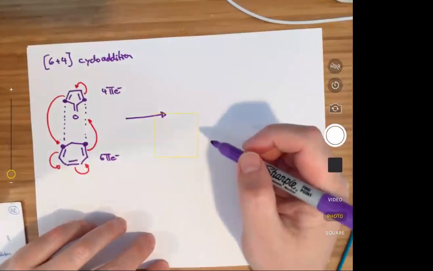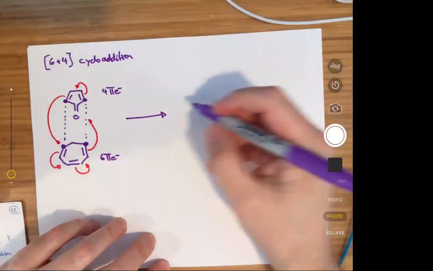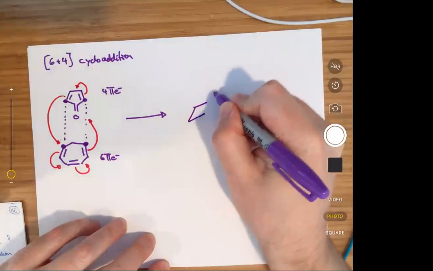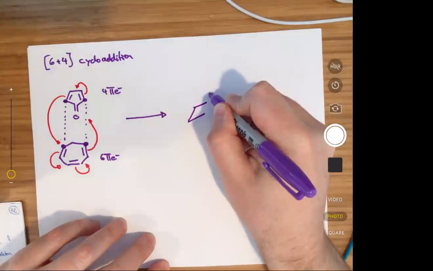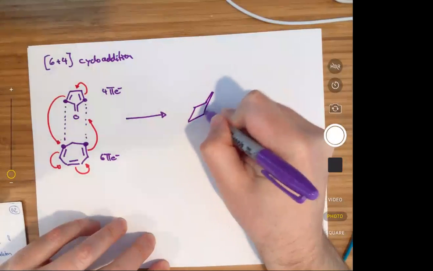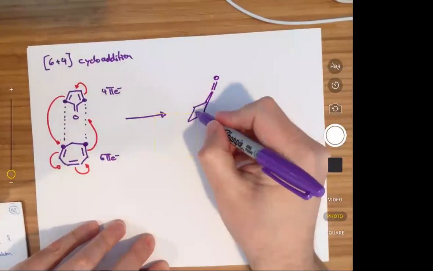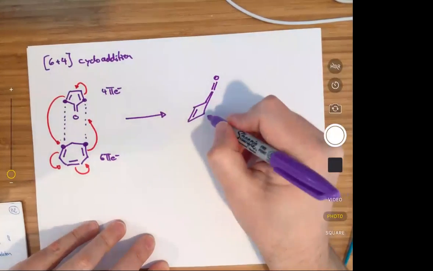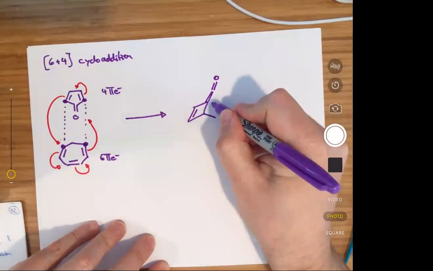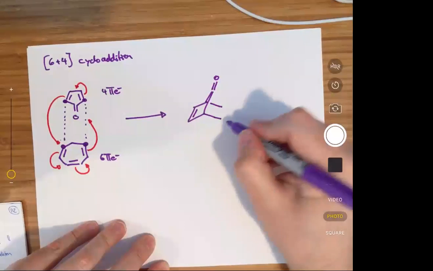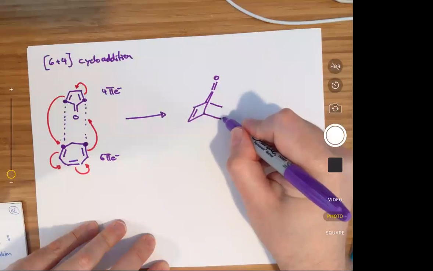So it's a tricyclic system in this case, where, let me see if I can draw this out properly, this is basically this fragment over here. We end up with 1 double bond here, and then we have to extend our system like this. This goes up again.